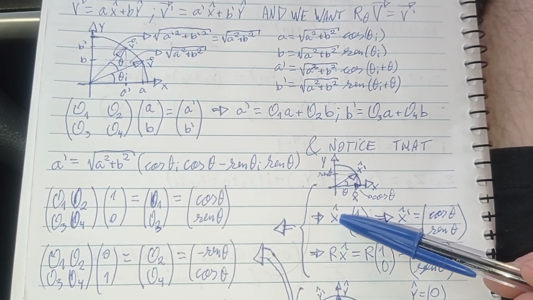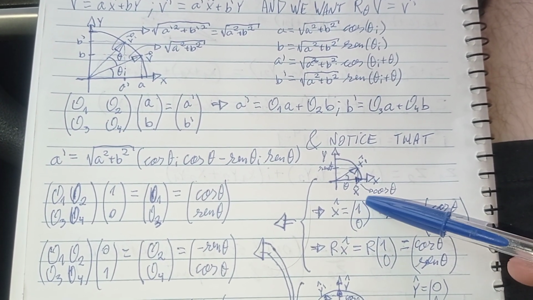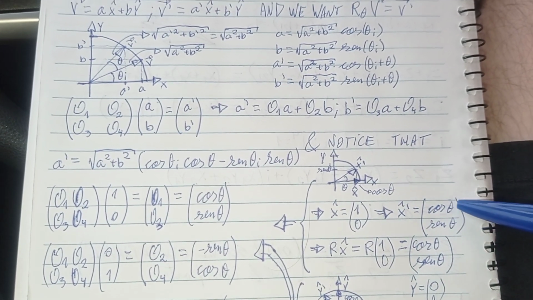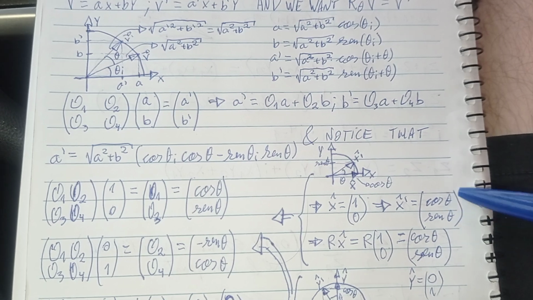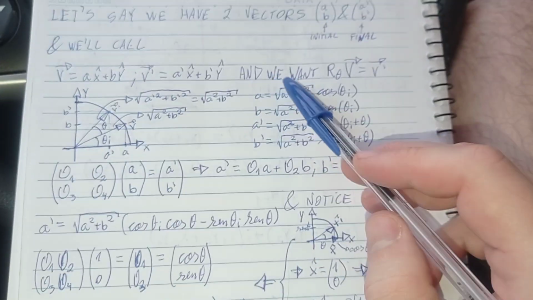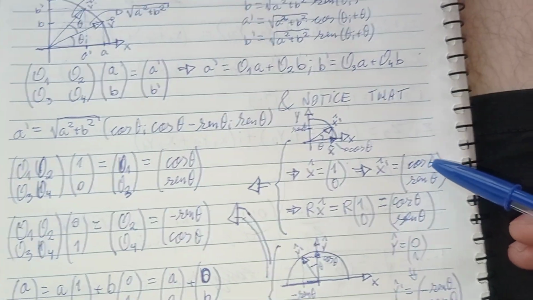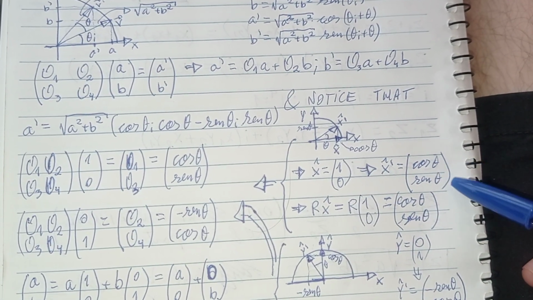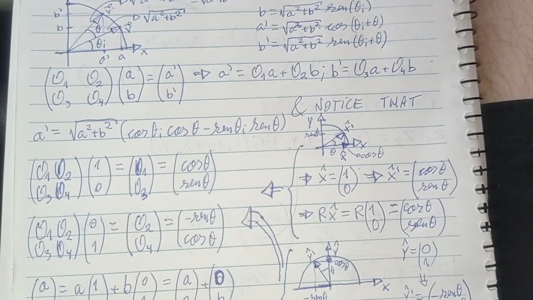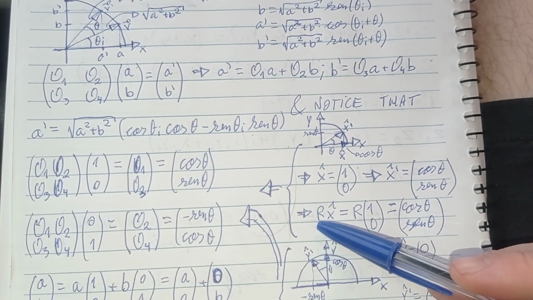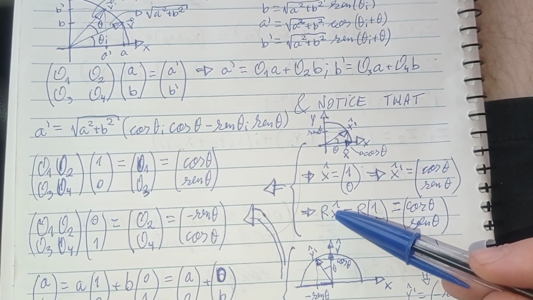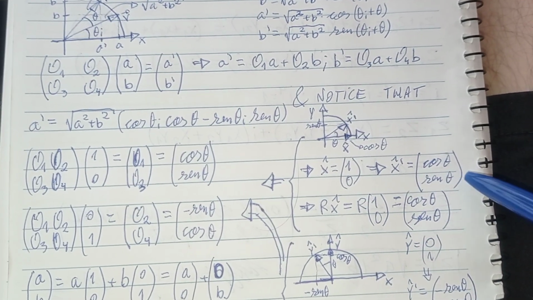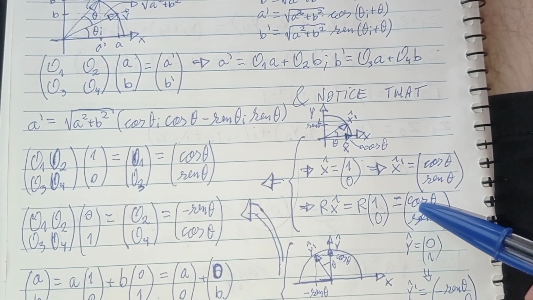Well, x hat, which is the vector 1, 0, is going to give us an x prime hat, which is going to be rotated by theta, by this theta, which means that x prime hat is going to be cosine, sine in the vector notation, which means that r x hat is going to be r10, which is this result of x prime hat.